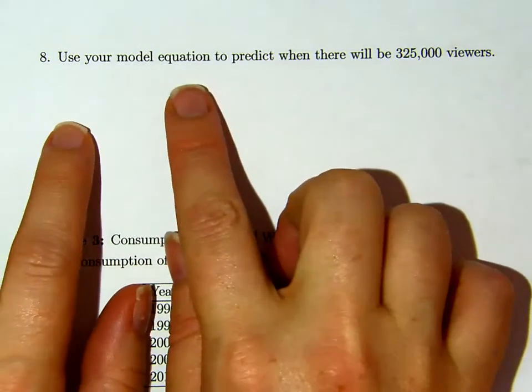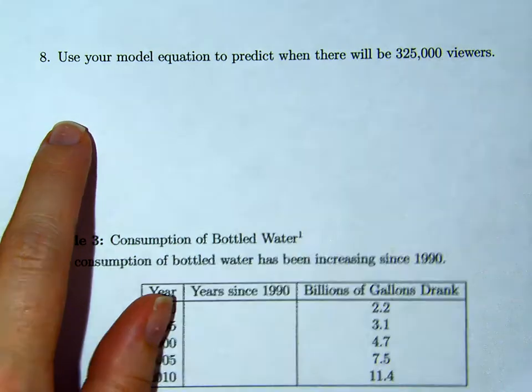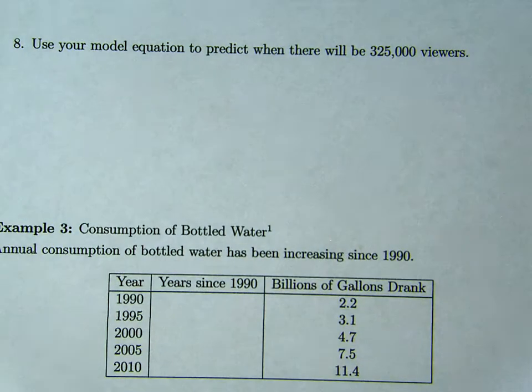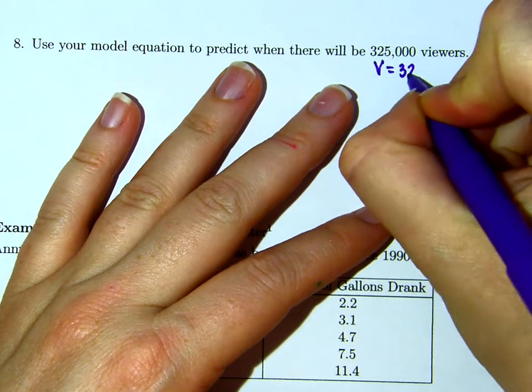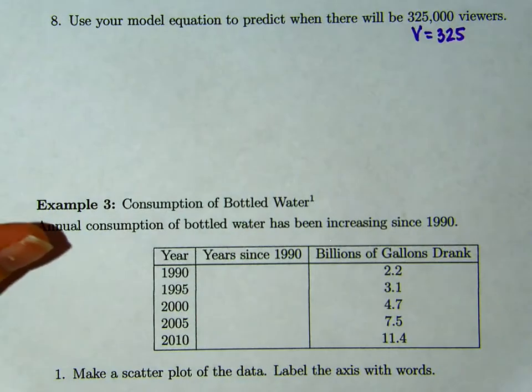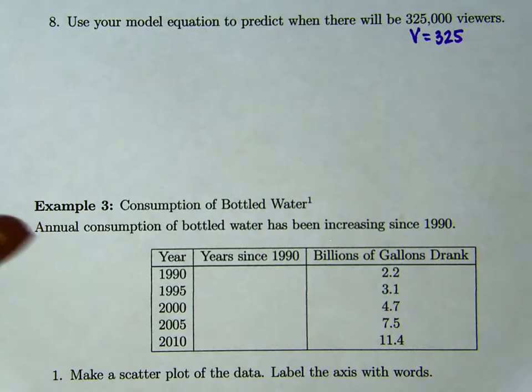All right. Use your model's equation to predict when there will be 325,000 viewers. Ooh. Okay, so that means V equals 325. Well, that says we have to put this in where the V is of our model.